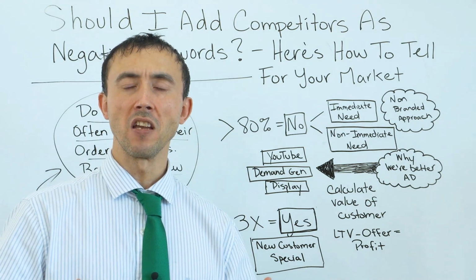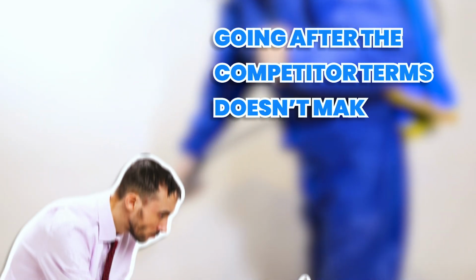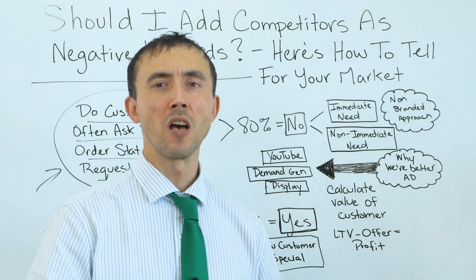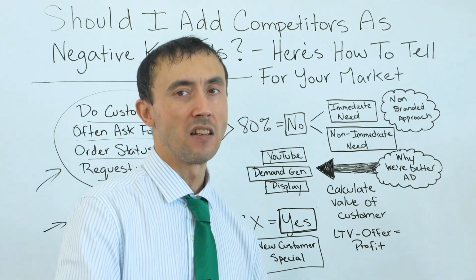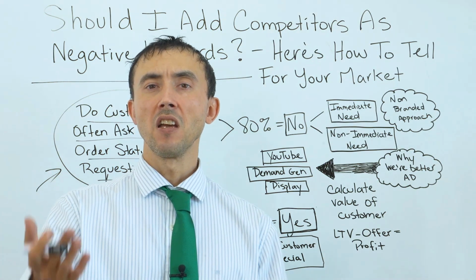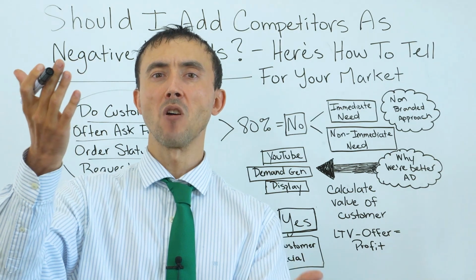An example market here, in the pest control space, going after competitor terms doesn't make sense. Why? Because people call their pest control company after they sign up a lot. And the ratio of calls where people are asking to get somebody out again, or ask about their order status, generally speaking, is very much high compared to people calling for the first time.